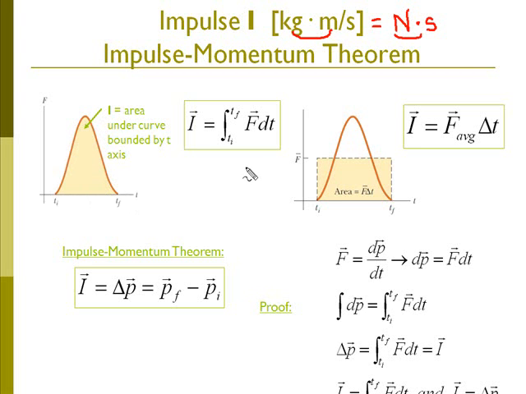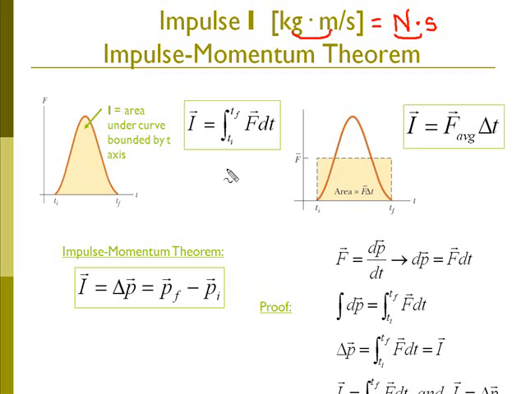Here, this is also true. If we consider the average force, what we see here, average force in this diagram has a bar over it. The area that would be approximated would be the area of the rectangle, which is shaded here under the curve of the instantaneous value of force.